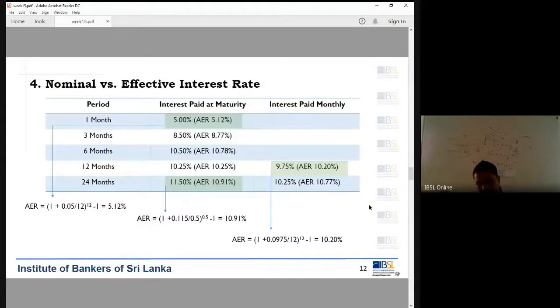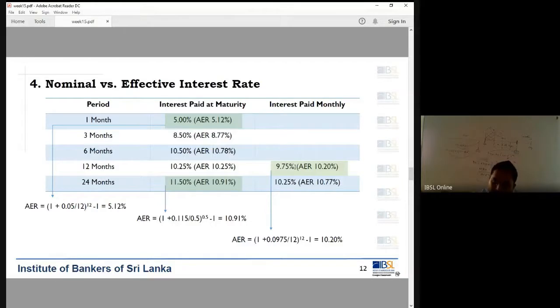Look at this table. Now this is a typical type of interest schedule that you can see in a bank's website. I've taken this from a bank website. It's not a very recent one, it's somewhat older. What do they say? You have different time periods of 1 month, 3 months, 6 months, 12 months, and 24 months.